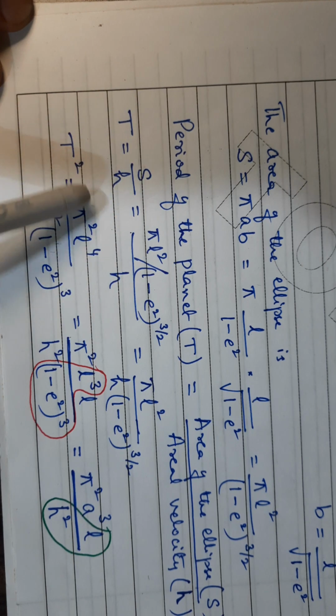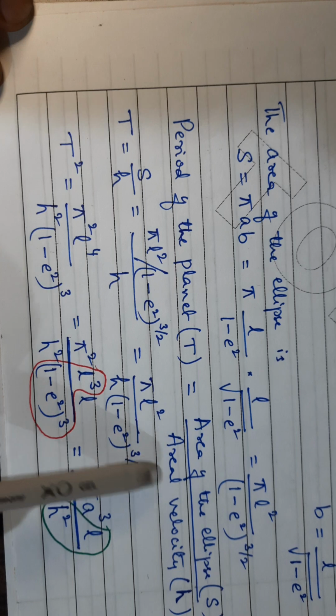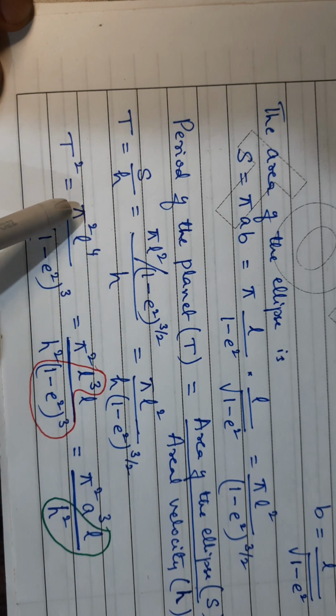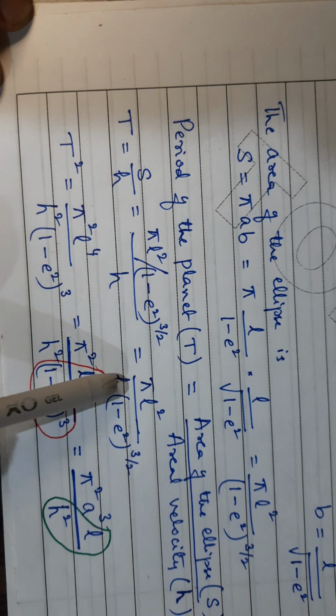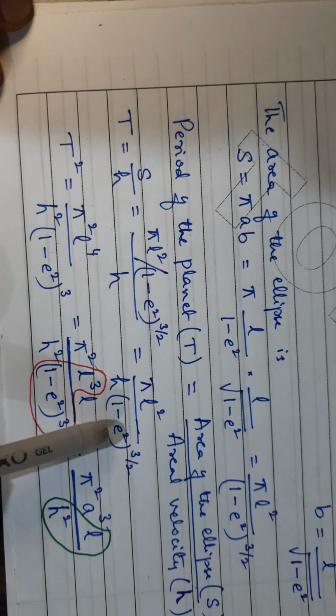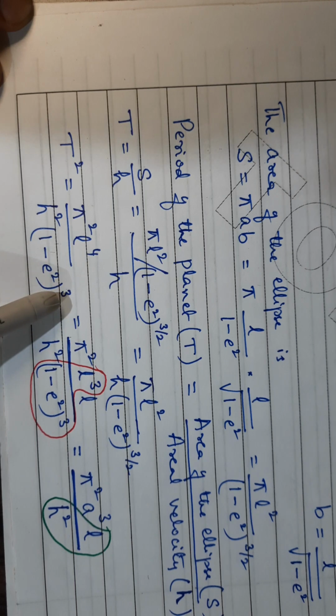T square is equal to square of this. Square of this means pi becomes pi square. L square becomes L to the power 4. Here h becomes h square. 1 minus E square raised to the power 3 by 2 becomes 1 minus E square raised to the power 3.